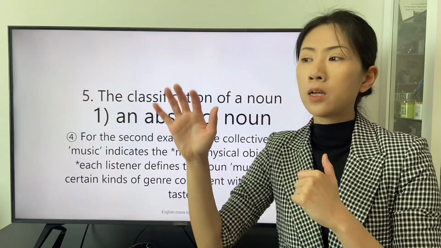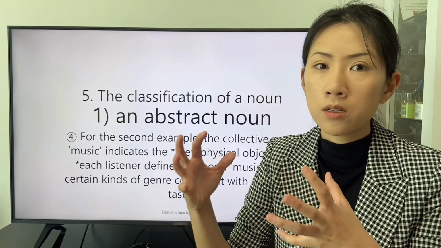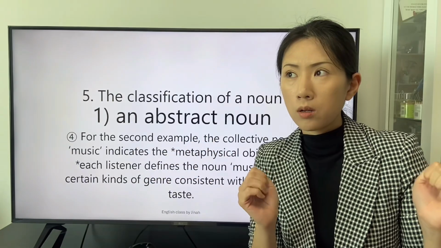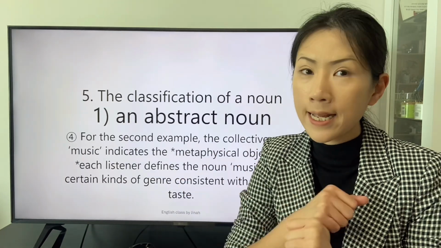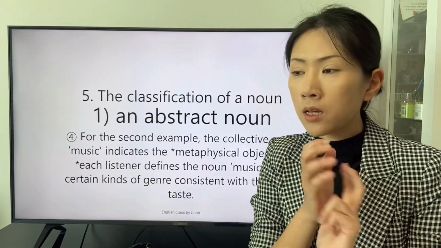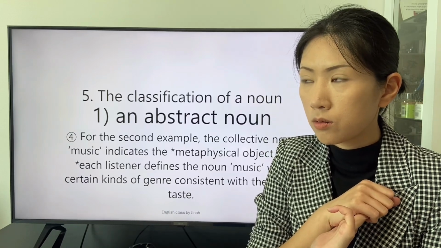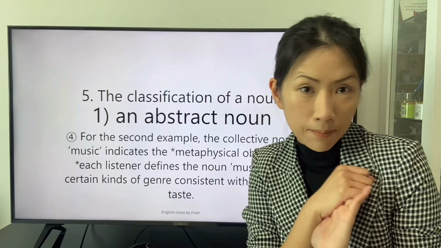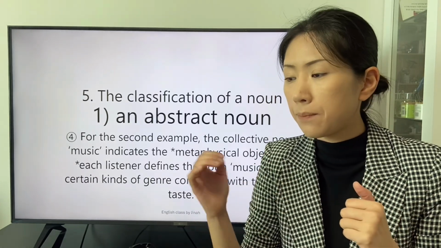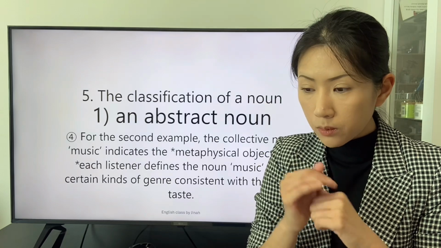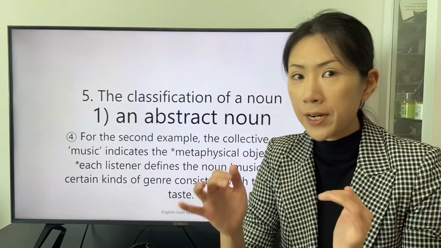Definitions by people are accepted to define the collective noun music. A person can define the collective noun music with classic, R&B, hip-hop, and EDM. The other person can define the collective music with classic, EDM.